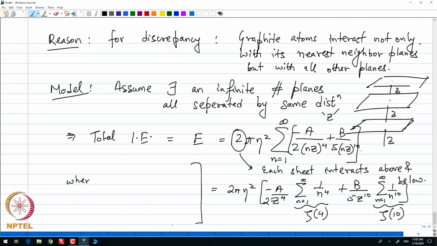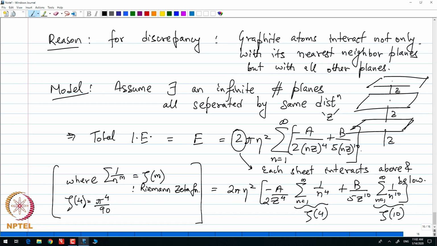So, again I am just rewriting these ideas. Where my summation of 1 by n to the power m is my Riemann zeta function of m, okay, and my zeta of 4 is pi to the power 4 by 90.